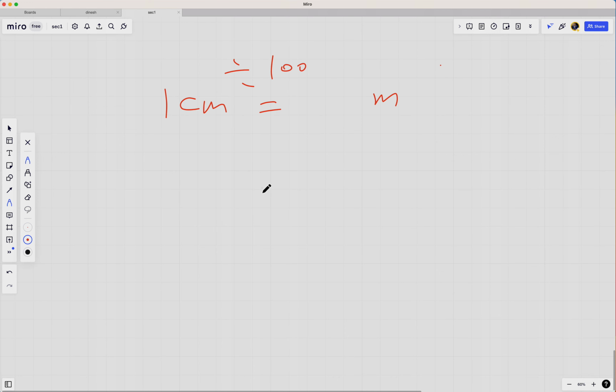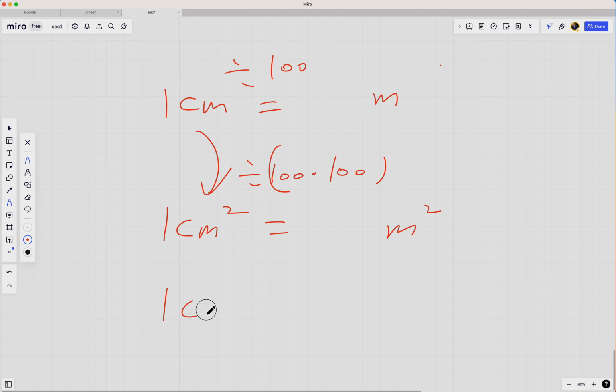So what if I give you this? You just divide by, because you square it, right? So you divide by 100 times 100. If I give you this cube to this meter cube, then you just divide by 100 times 100 times 100.